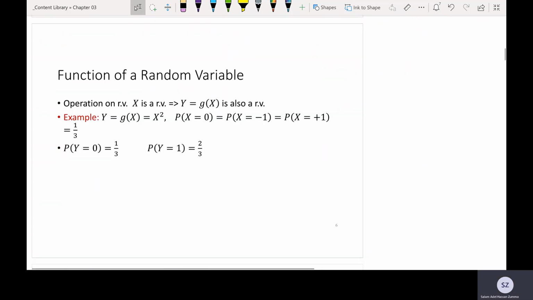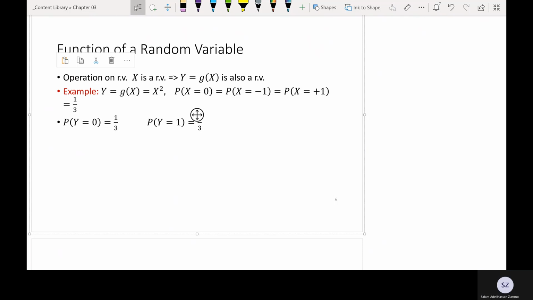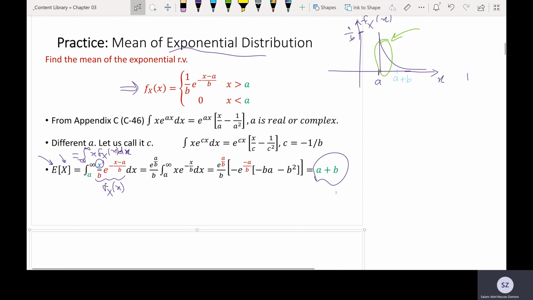Another example. Now we have another example, of a function of a random variable. Before we go there, let's talk about when I have, for example, a uniform distribution between 5 and 8.